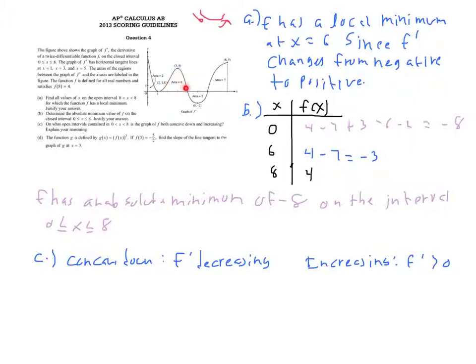From here to here, we're positive and also decreasing. So again, this would be another case when we're concave down and increasing. Since these aren't even positive, we can rule these out, and these are positive, but they're not decreasing. So the only values that we care about are from 0 to 1 and then from 3 to 4.